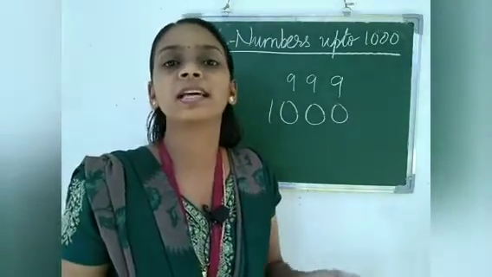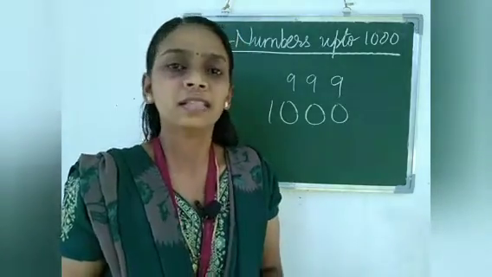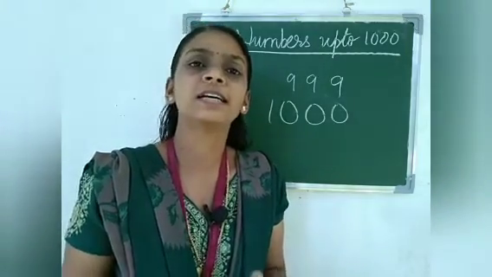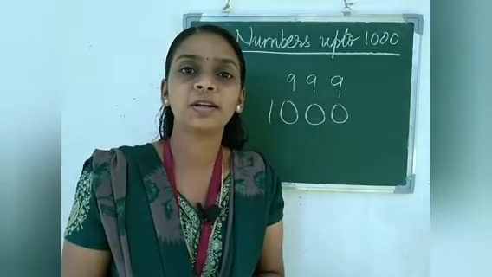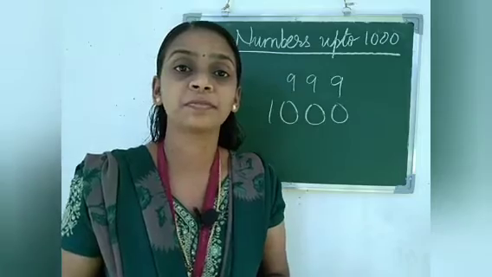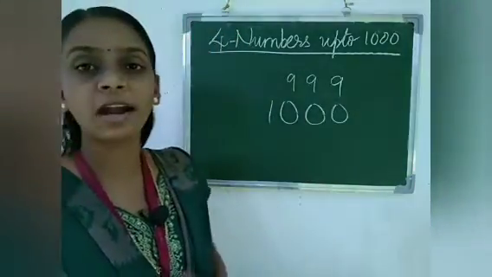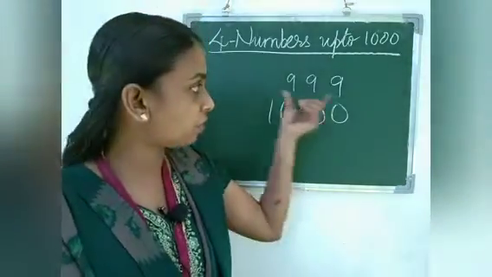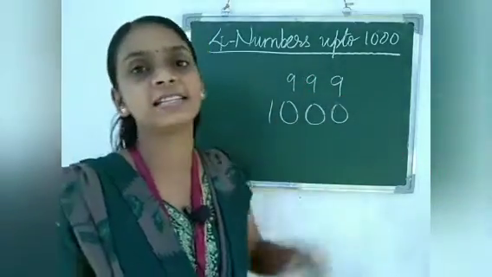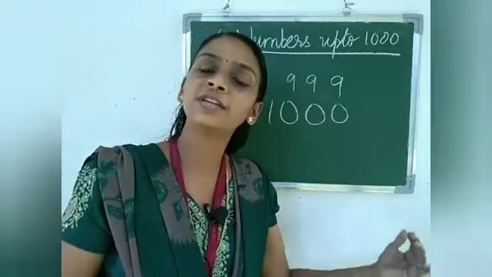So which one is the greatest 3-digit number? 999. Then tell me which one is the smallest 4-digit number. Yes, it is 1000, because up to 999 it is a 3-digit number, and 999 is the greatest 3-digit number.